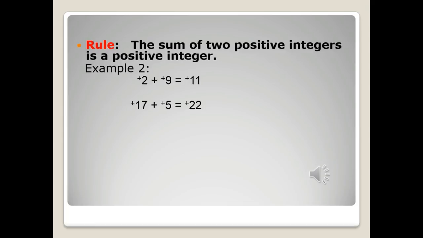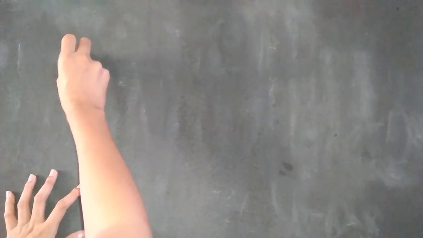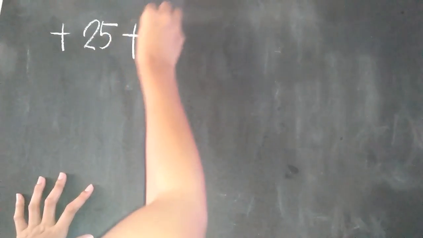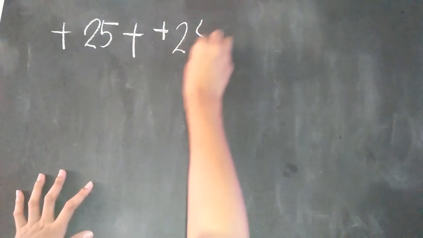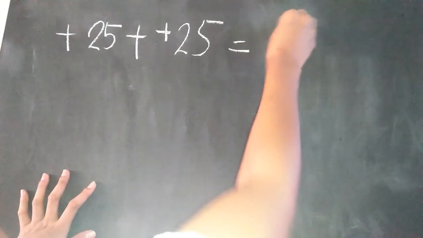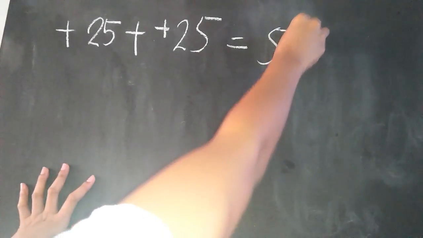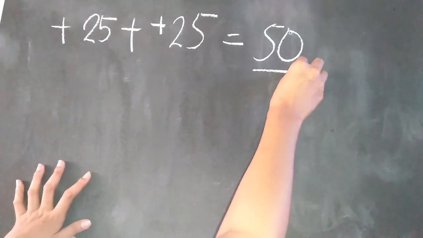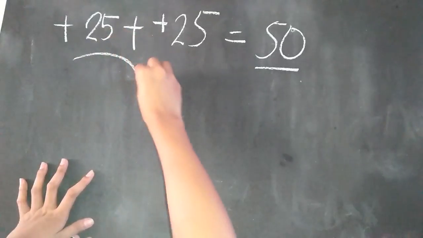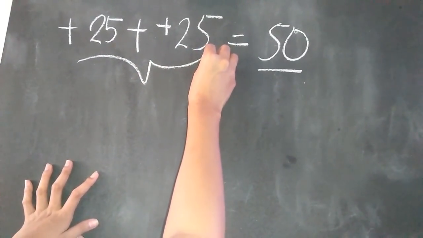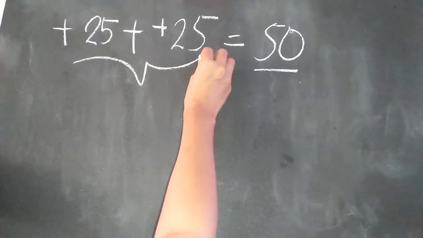Positive 17 plus positive 5 is equal to positive 22. Another example is positive 25 plus positive 25 is equal to 50. 50 is the answer because these two integers have the same sign, which is positive.